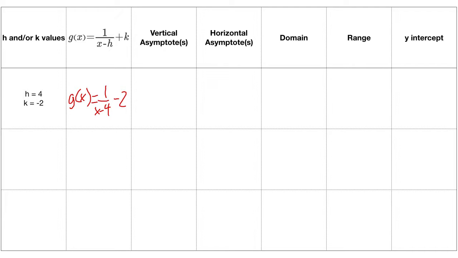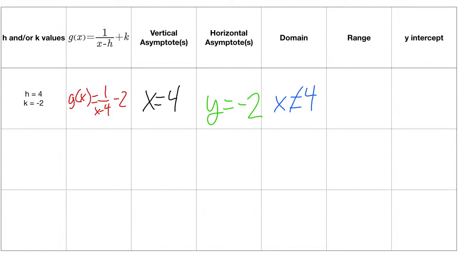It's just going to be our h value, so that is going to be x equals 4. And our horizontal asymptote is just going to be our k value, so y equals not negative 4, negative 2. Our domain is just going to be everything but that, so x does not equal 4.